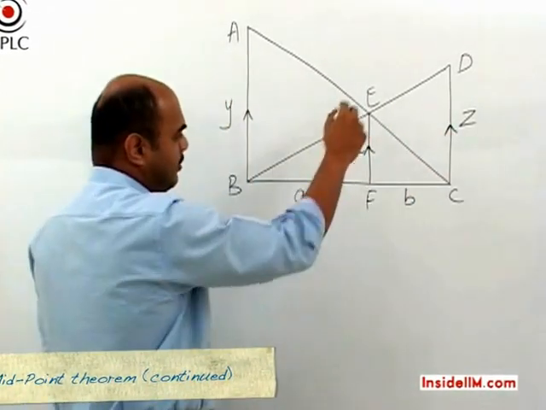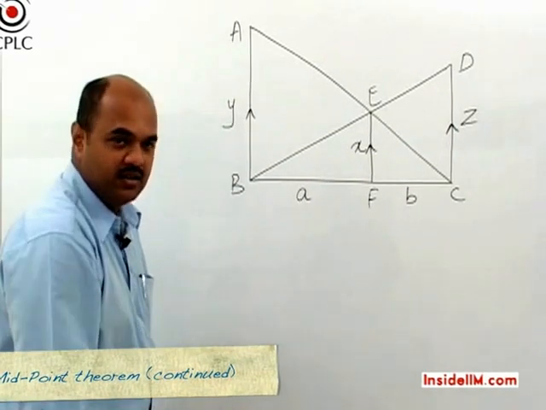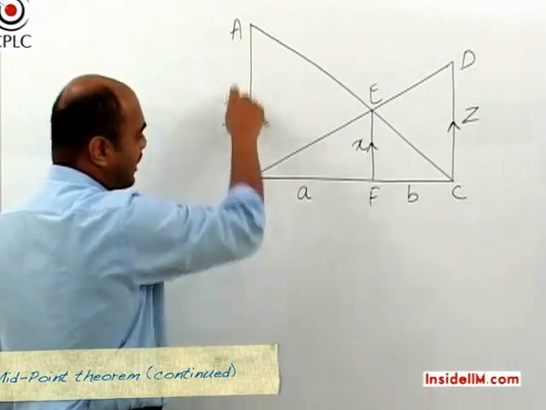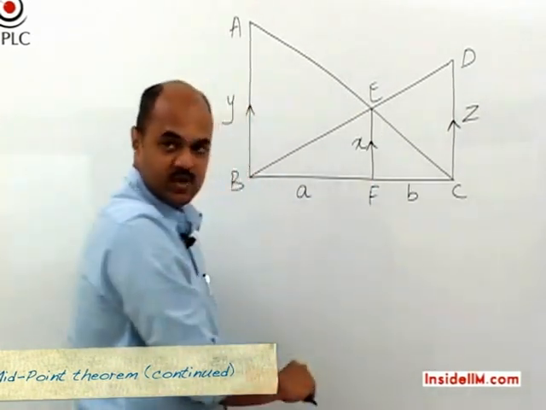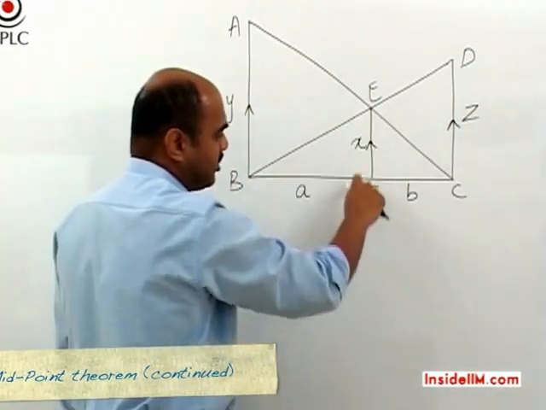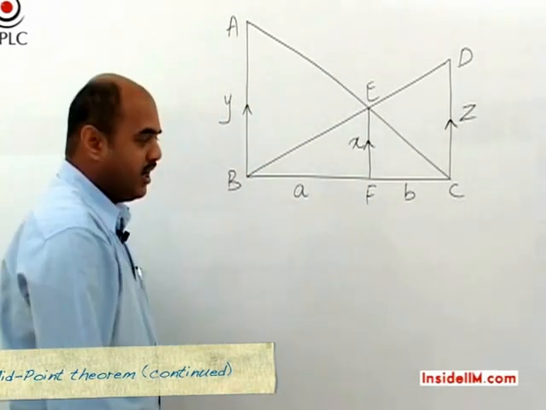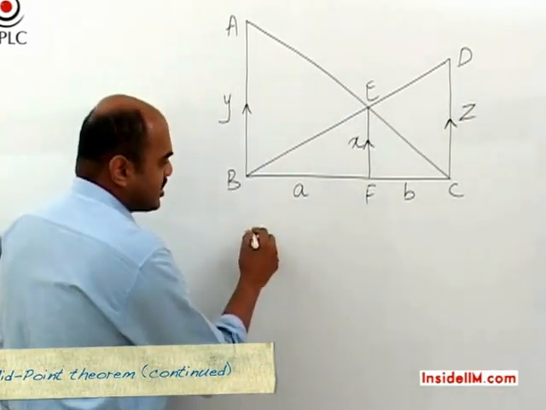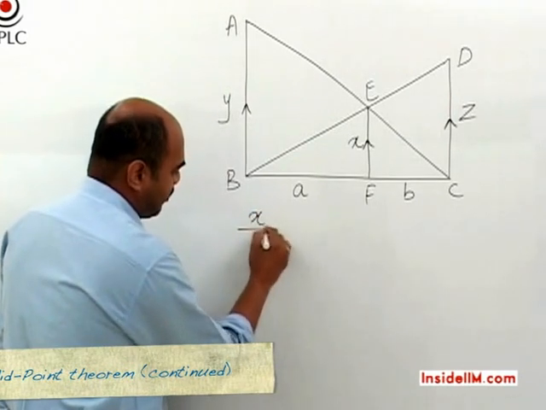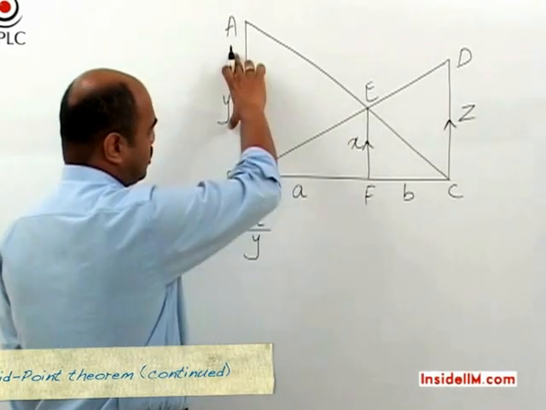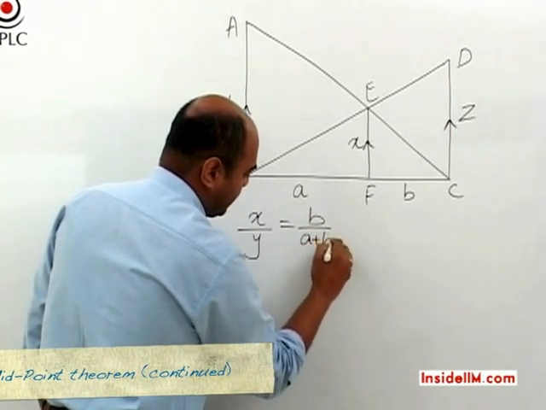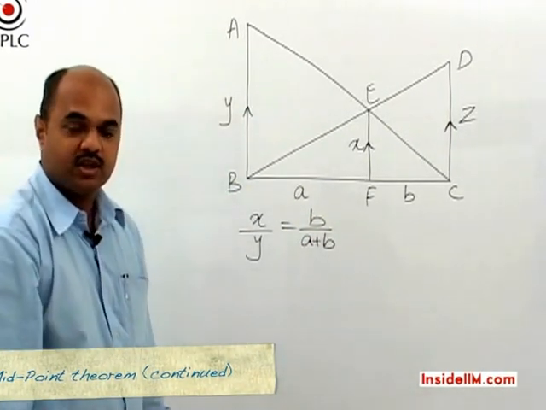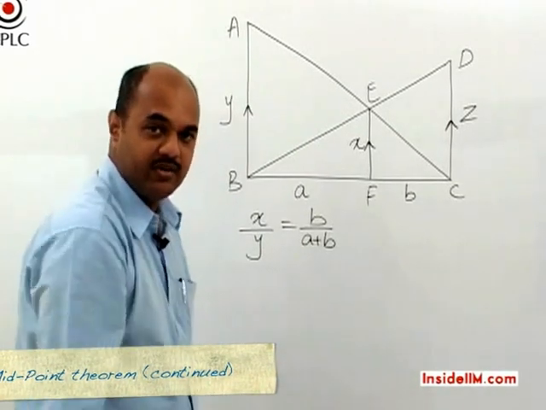If we know that AB and EF are parallel, then we will know that ABC is similar to EFC. So triangle ABC is similar to triangle EFC, and hence we can very safely say that x upon y will be equal to b upon a plus b. We've just written corresponding sides in the same ratio.